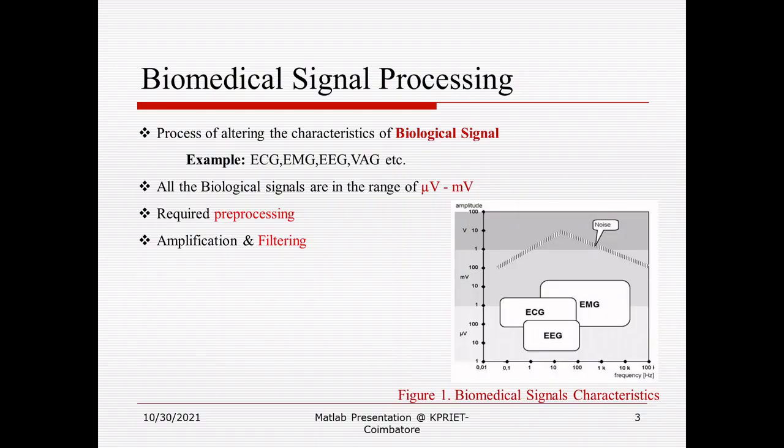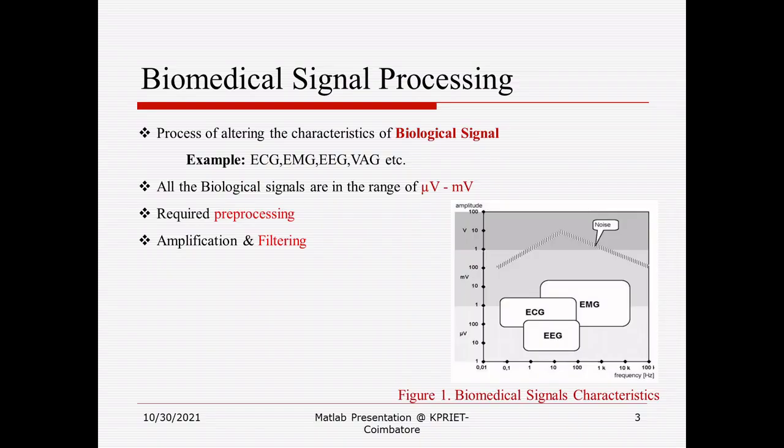Figure 1 shows the list of basic characteristics of a biomedical signal, and that figure helps us to identify the importance of filtering applications in the biomedical field. The x-axis deals with frequency and the y-axis deals with amplitude, the voltage parameter.